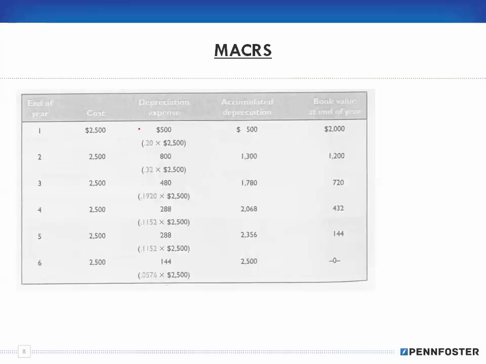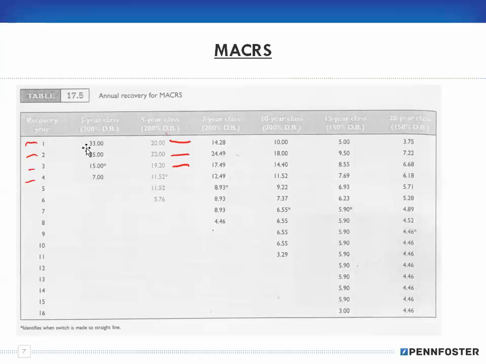So we start out with our cost being $2,500, but we have to go back to our chart and look at the percentage for year one. Now remember, we're looking at this 5-year asset class, and yes, I am aware that it extends down to 6 years.